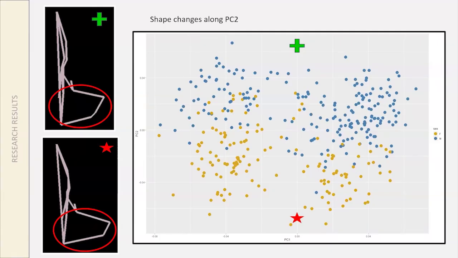As we move across that second principal component, or from the top of the graph where the green cross is plotted to the bottom of the graph and the red star, we are seeing the elongation of that anterior portion captured in the shape analysis. We can also see the females are clustering in the bottom half of the graph nearer that red star, and the male individuals are clustering at the top of the graph. So they're divided along that PC2.